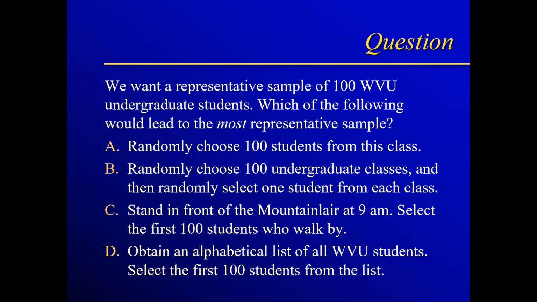The Mountainlair is downtown. Downtown differs from Evansdale in the type of students on each, right? Potentially different majors on different campuses. And morning people. I know I'm not a morning person, so people who have morning classes may differ from people who don't like having morning classes. So there are a lot of differences that may occur among people who are going to be around the Mountainlair at 9 a.m.